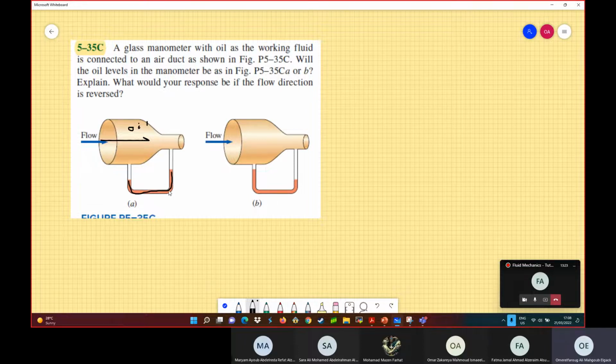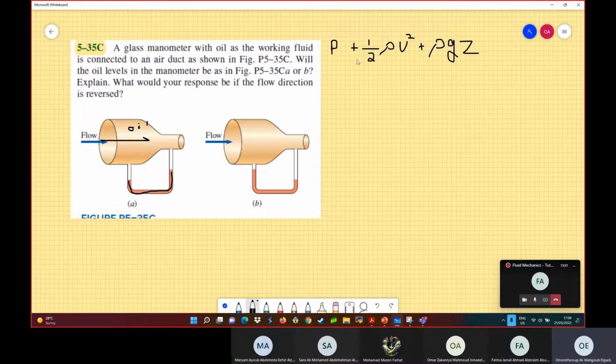the height difference. Okay, so before we start, we need to remember the Bernoulli equation. Bernoulli equation is simply three terms: the static pressure, P, plus half rho V squared, the dynamic pressure, plus rho g z, the hydrostatic pressure.